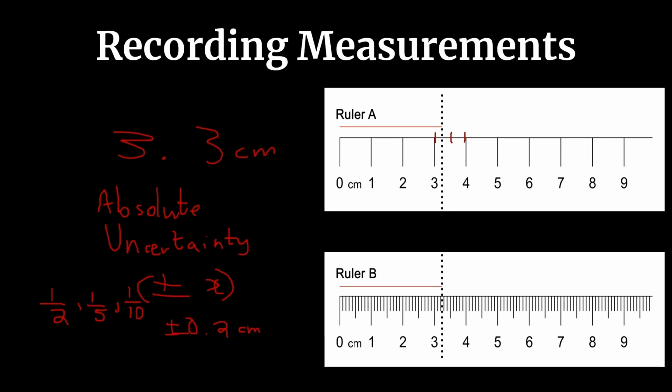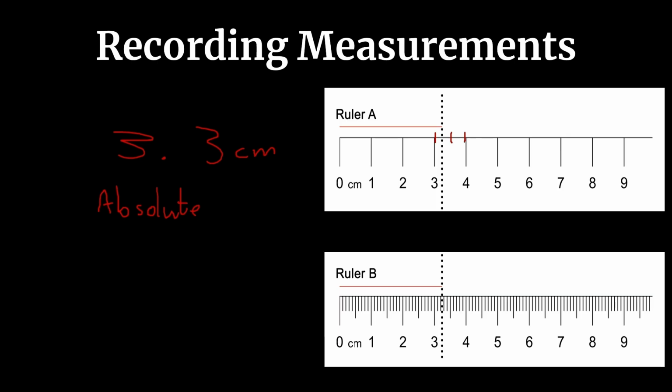Then, this lets us write the measurement cleanly, and let me just erase all of this. This lets us write the measurement cleanly as 3.2 centimeters plus minus 0.2 centimeters.